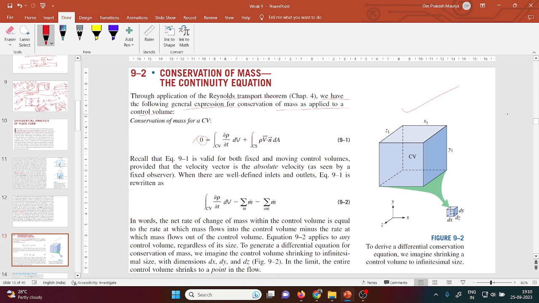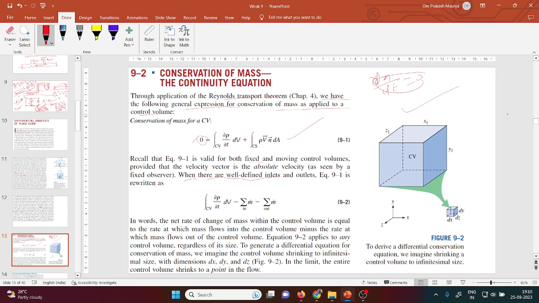Recall from equation 9.1, it is valid for both fixed and moving control volumes, provided that the velocity vector is the absolute velocity as seen by the fixed observer, when there is a well defined inlet and outlet.